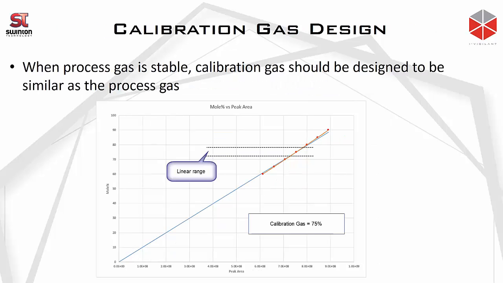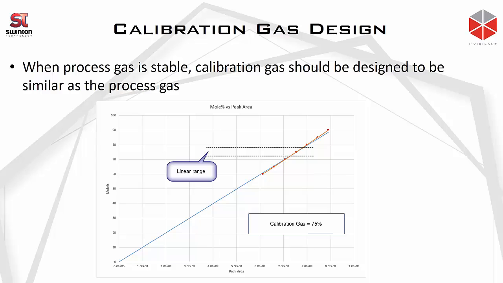So when the process gas is stable, let's say we have a process gas that is 75% methane, and we have plus or minus 1% variation in the process gas. It doesn't really matter whether we use the true function or the assumed function, because we will always run in the linear range.